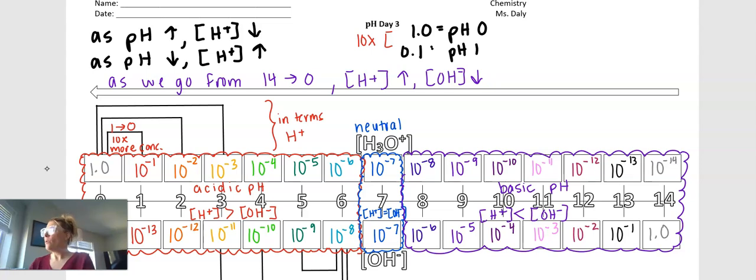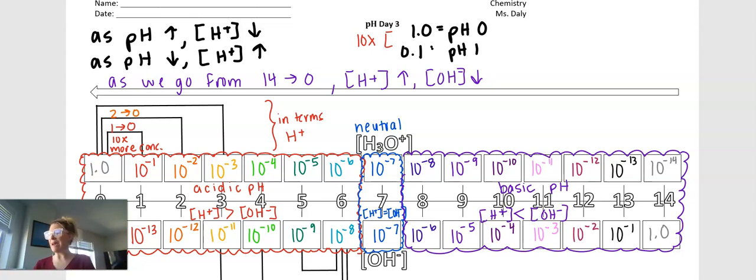Okay. What about now if we go from a pH of 2 to 0? How many times more concentrated is this? Well, again, think about our values, 10 to the negative 2 compared to 10 to the 0.